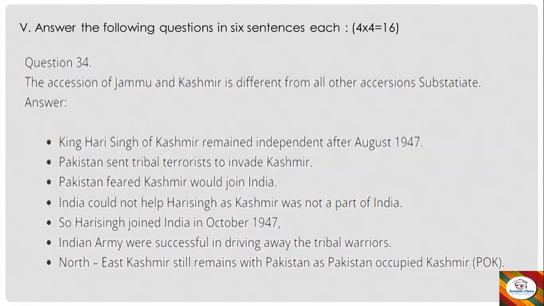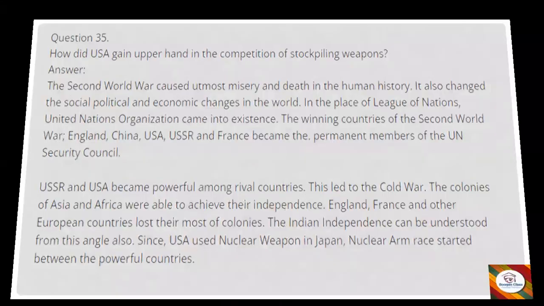India could not help Hari Singh as Kashmir was not a part of India. So Hari Singh joined India in October 1947. The Indian army was successful in driving away the tribal warriors. Northeast Kashmir still remains with Pakistan as Pakistan Occupied Kashmir, POK.